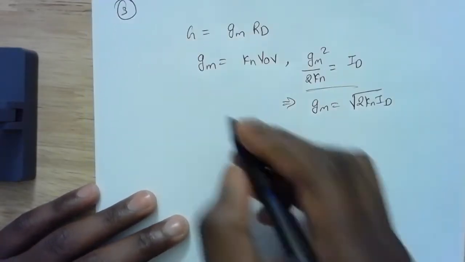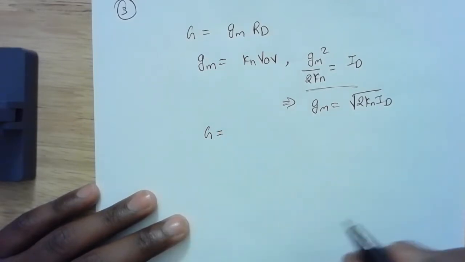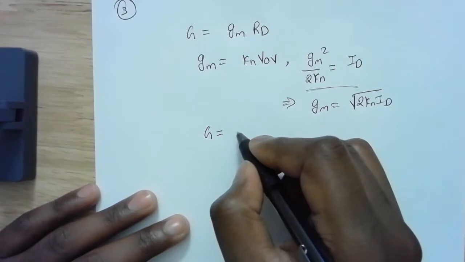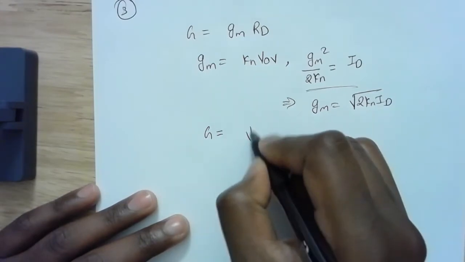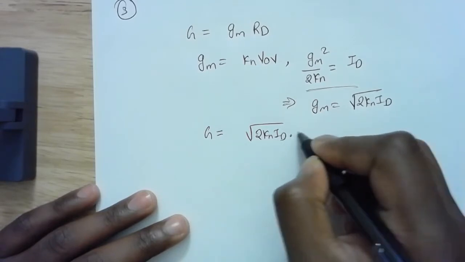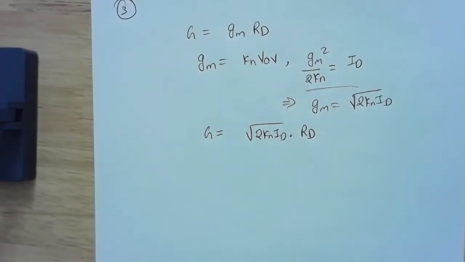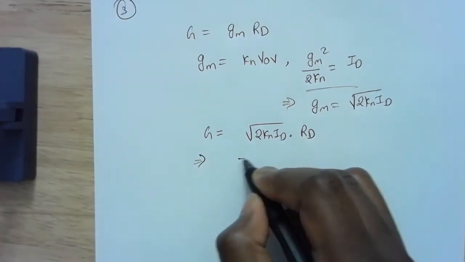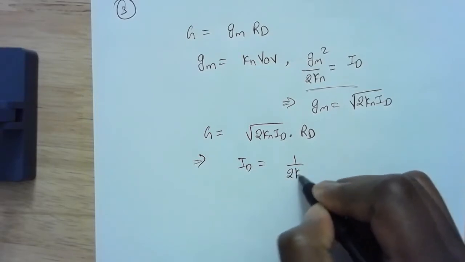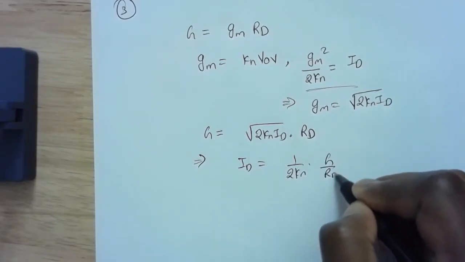So that means my gain is equal to square root 2KN ID times RD. So this implies ID is equal to 1 over 2KN, G over RD, squared.